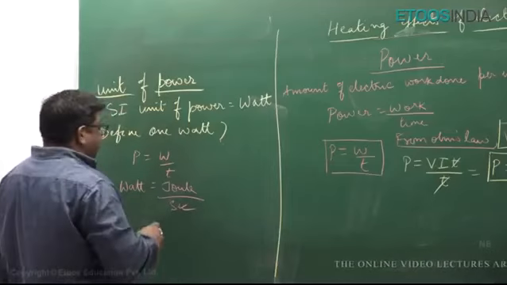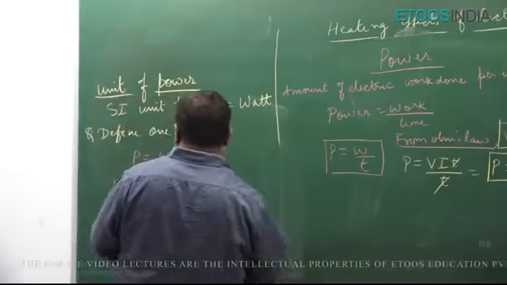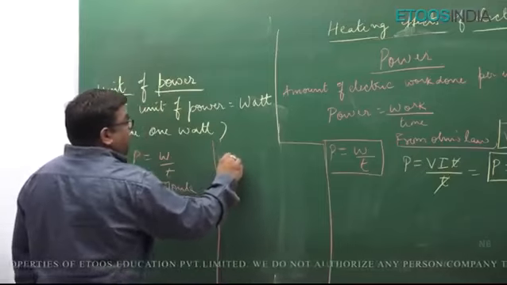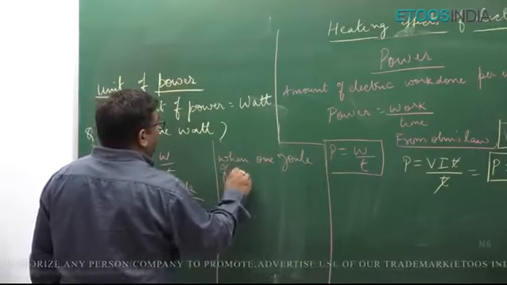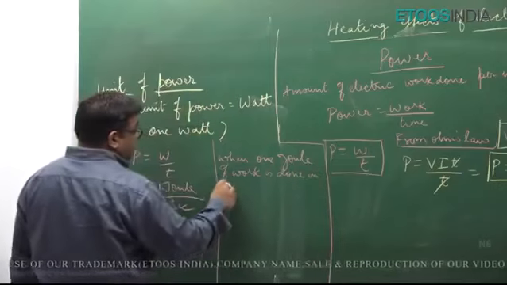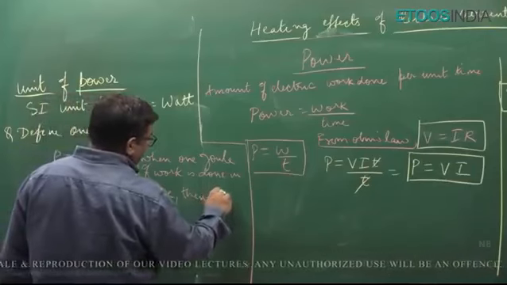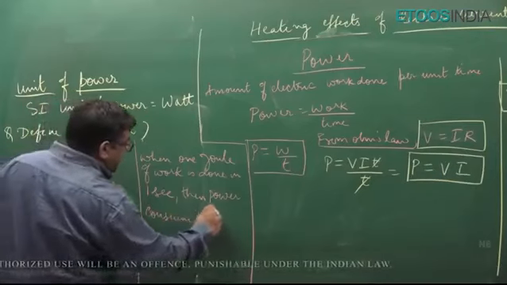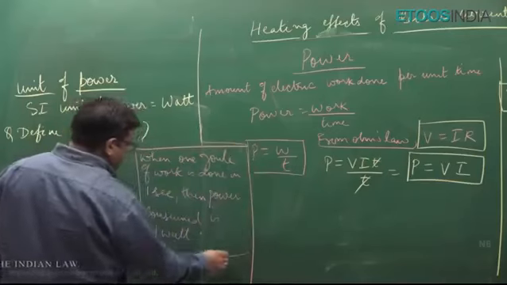Got it? And if I start writing 1 over here, then it becomes when 1 joule of work is done in 1 second, then power consumed is 1 watt. Is it clear?